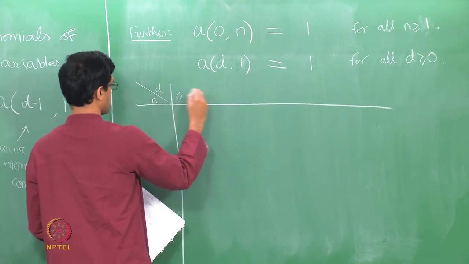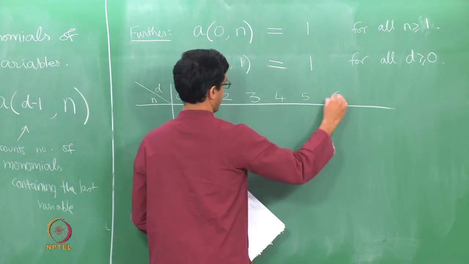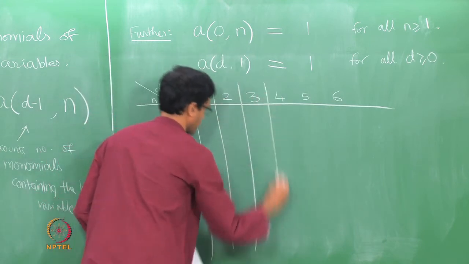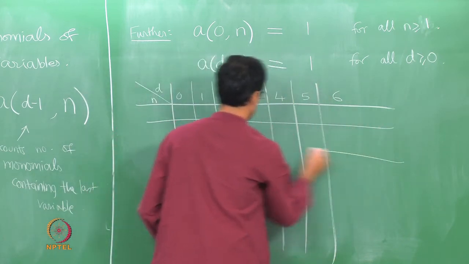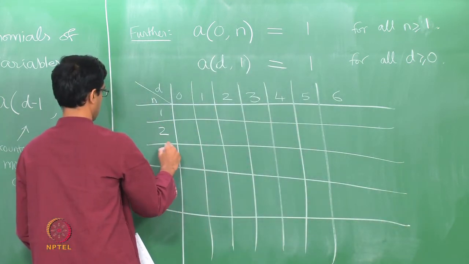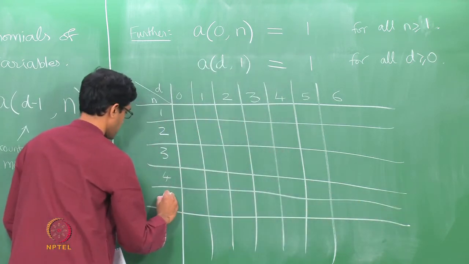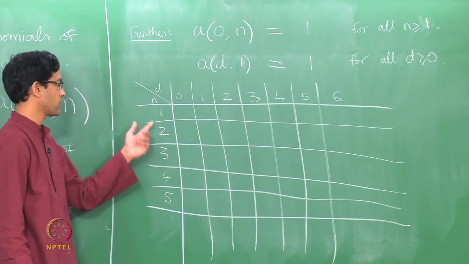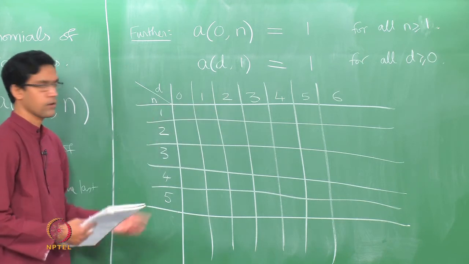The degree goes from 0, 1, 2, 3 and so on. The number of variables is at least 1, so it ranges from 1, 2, 3, 4, right.